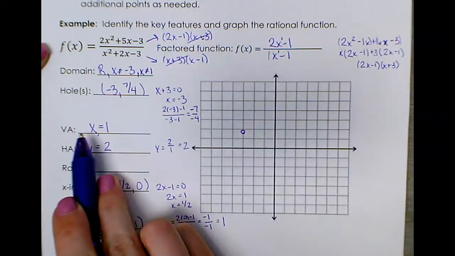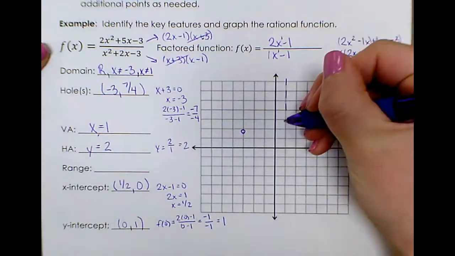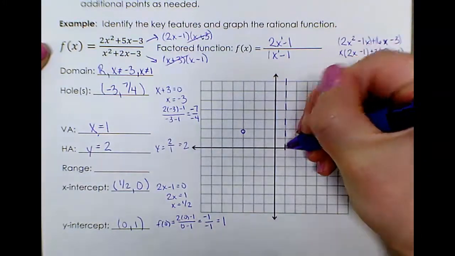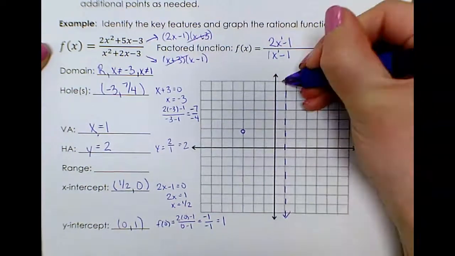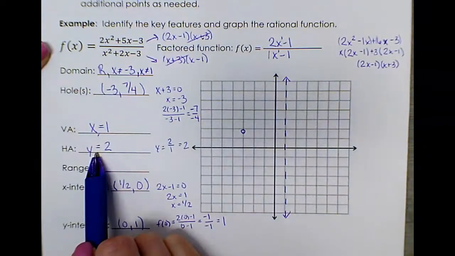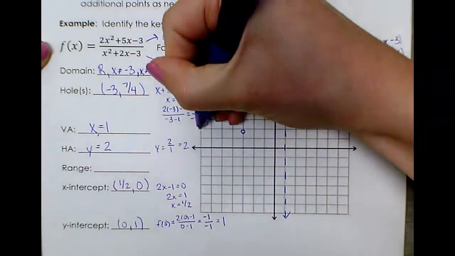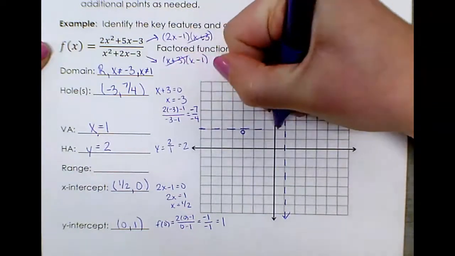There's a vertical asymptote at x equals 1. So vertical, going through an x value of 1 right there. There's a horizontal asymptote at y equals 2. So going through a y value of 2.